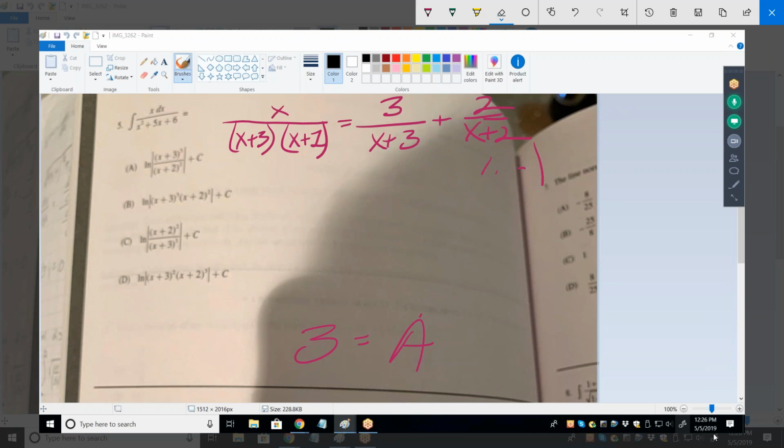Now integrate those two things on the right. Okay, so the integral of 3 times 1 over x plus 3. Well, so 3 times ln x plus 3, plus 2 ln x plus 2.